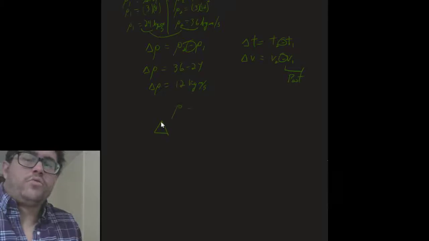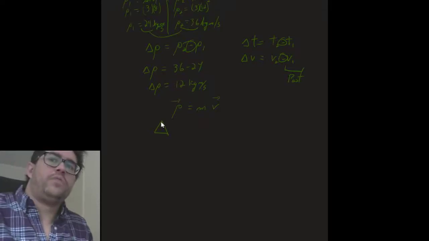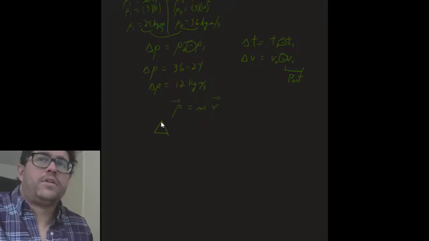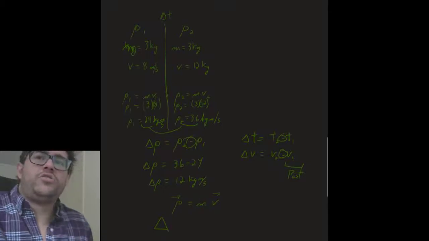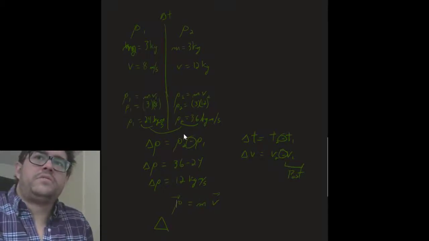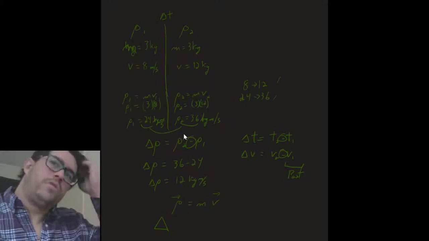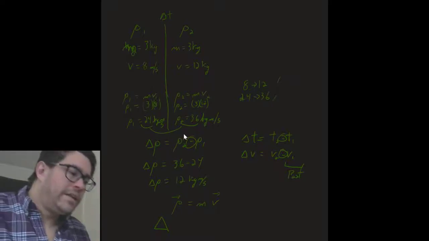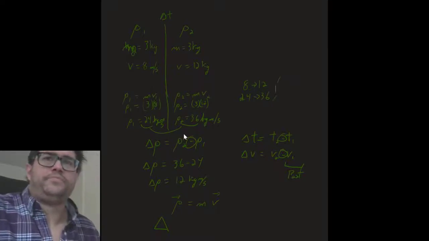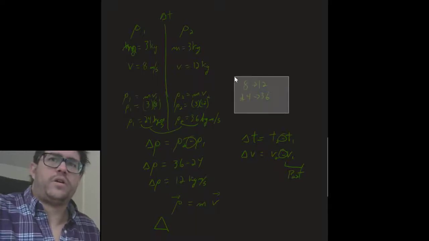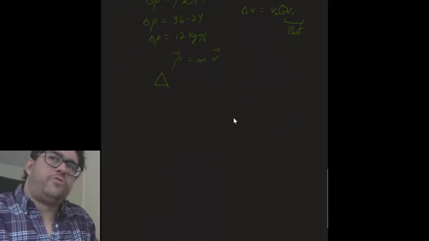We take the original formula with these two vectors, and because we can clearly see here a correlation, I've increased velocity from 8 to 12, and my momentum increased from 24 to 36. Both of these numbers are directly proportional to each other. And so this is part of the reason why we are able to write the formula as such.